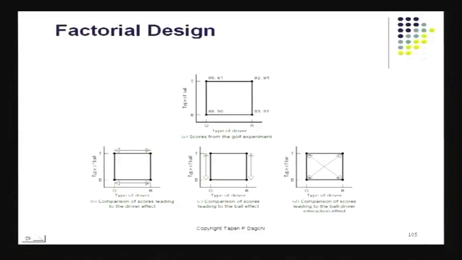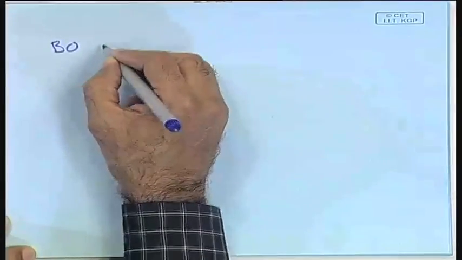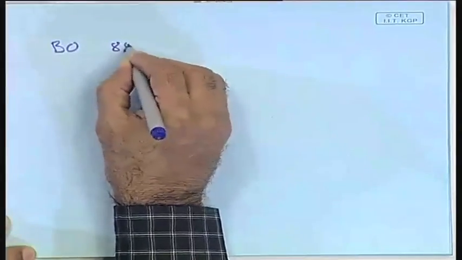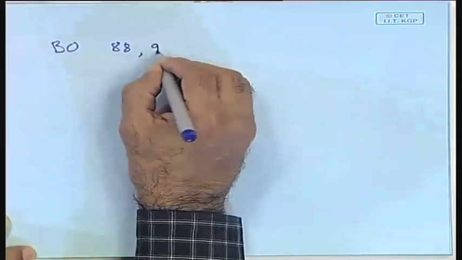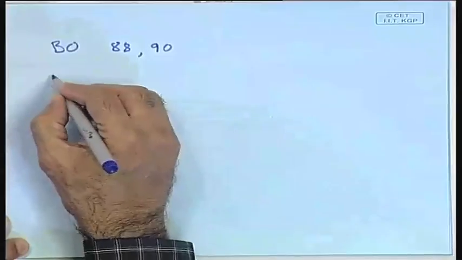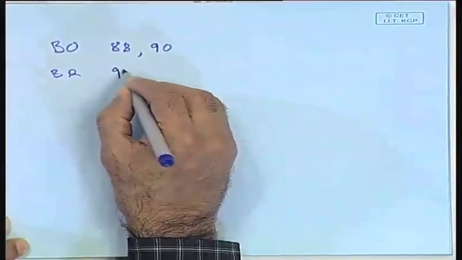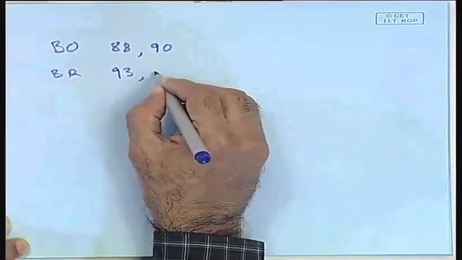So I have here, for example, for the BO combination, my scores are 88 and 90. For the BR combination, my scores are 93 and 91.